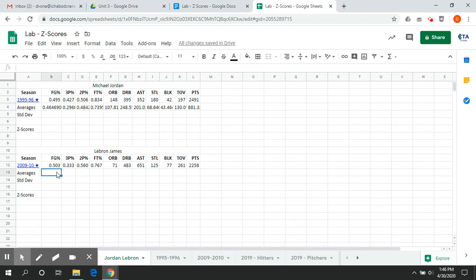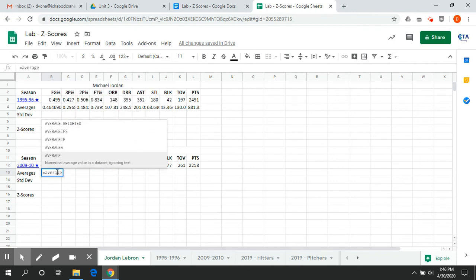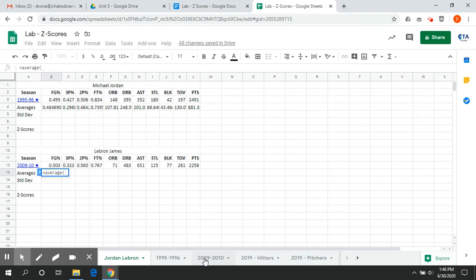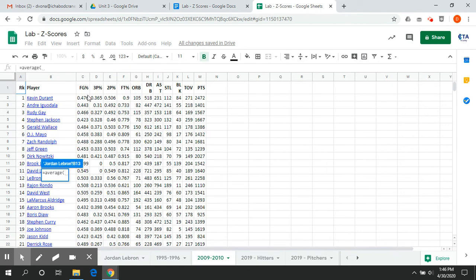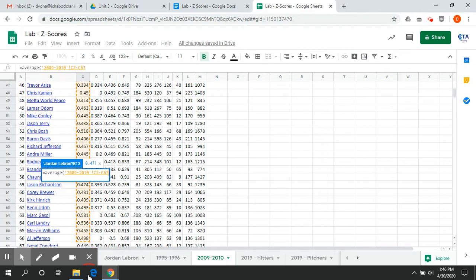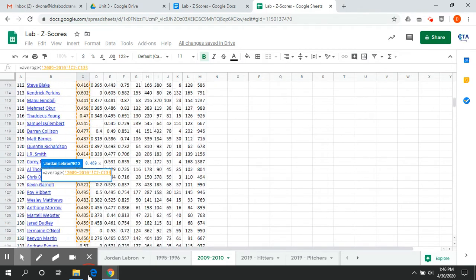All right, so I'm going to do the same thing for LeBron James's season. We're going to go average, left parenthesis. I'll go here and highlight all of the field goal percentages from that season.